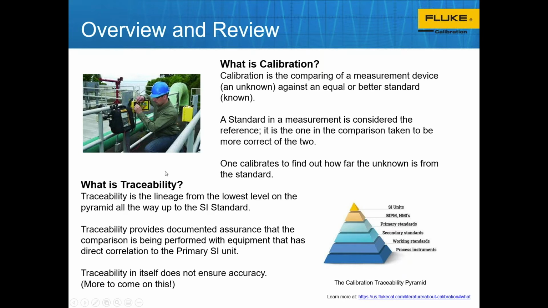Your part in that traceability chain is doing the documentation stage between taking your standard into the process field. Traceability unto itself doesn't necessarily guarantee accuracy. There'll be more of a discussion about that further, but traceability is just the concept that everything my process has seen has a connection all the way back to a country standard.